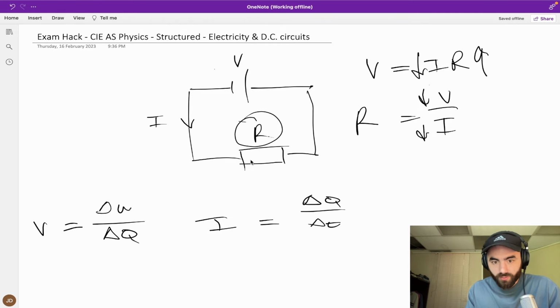When this has a higher resistance here, it's harder for charge to get through it. The flow around the entire circuit is all going to be the same, and it's all going to be decreased. It's not like the flow of charge, or I, in here is less than I out here. No, the entire circuit will have a lower current.